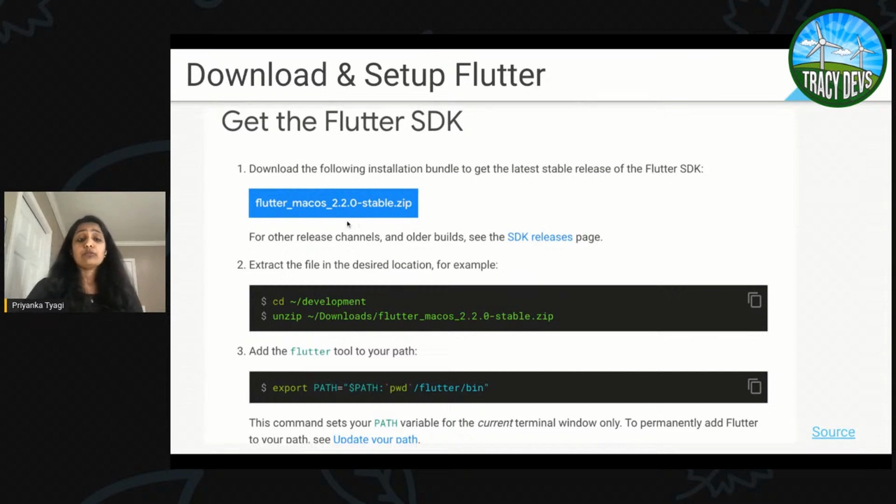The recent version is from right after Google I/O, when 2.2 was released. Right now, as we speak today, 2.2.1 is the stable version. You unzip it into a location, and you add the path of the Flutter bin directory to your environment variables, and it will pick it up.